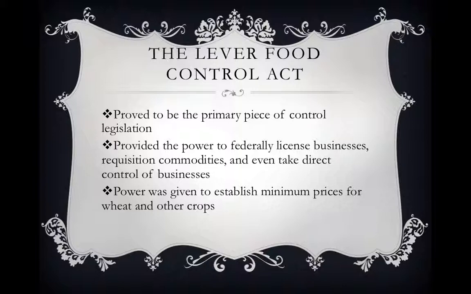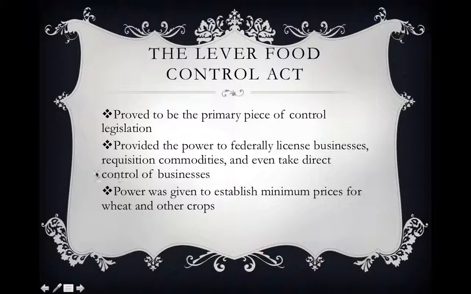All right. It also gave the power to establish minimum prices for wheat and other crops. So it actually put price floors on wheat and other crops, which doesn't make a lot of sense because in a wartime period, generally what you end up seeing is prices going up anyway.